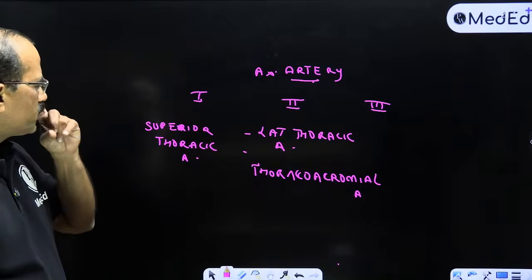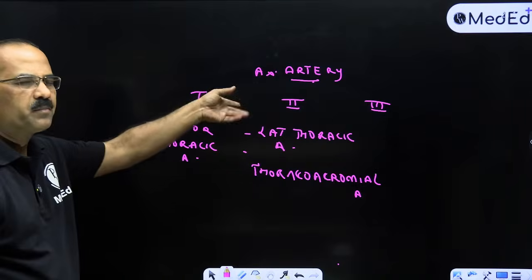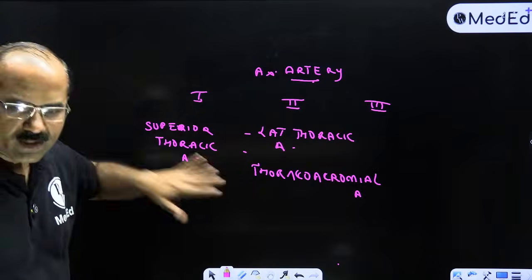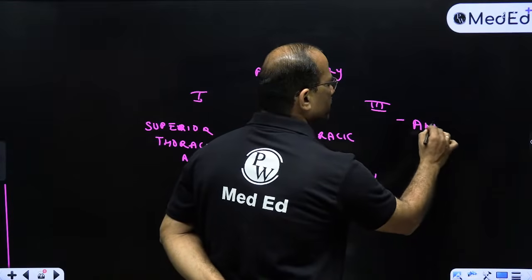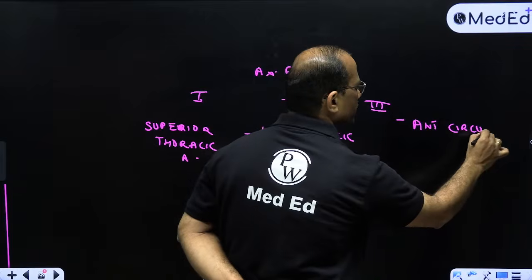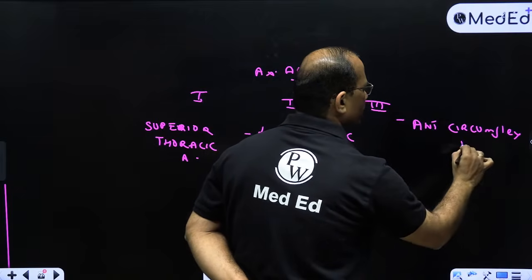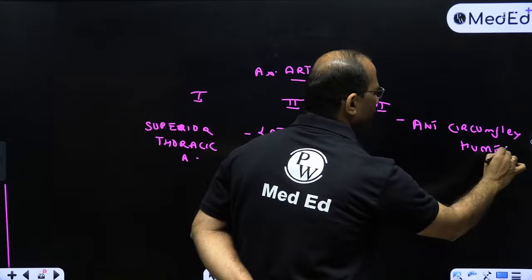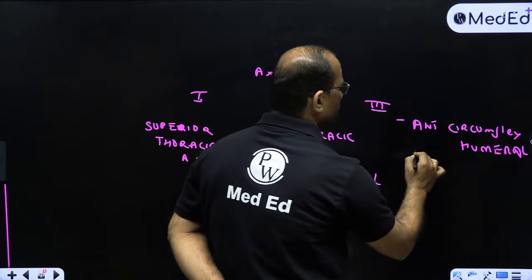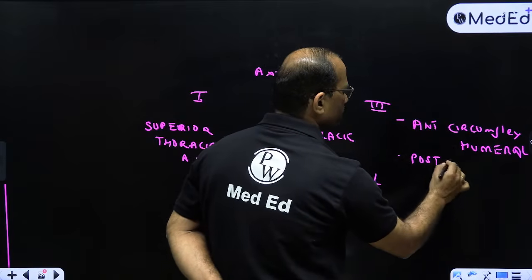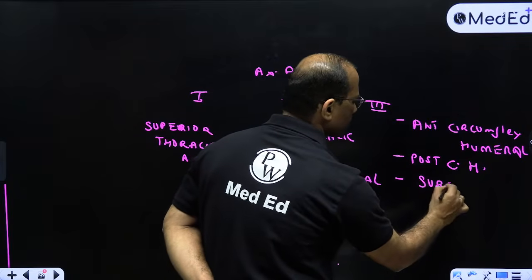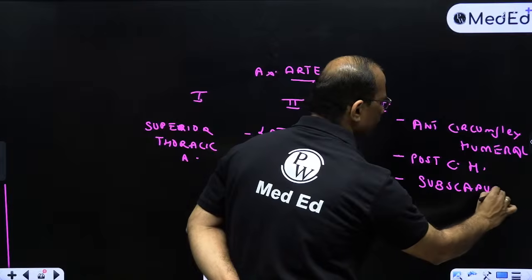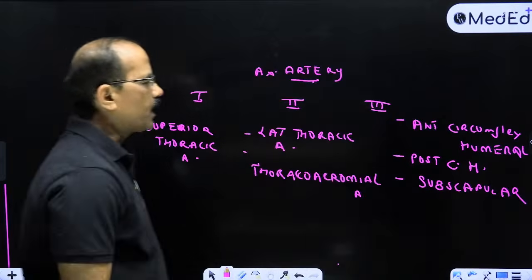So first part का branch is superior thoracic, second part के दो branches है lateral thoracic and thoracoacromial, third part के तीन branches है anterior circumflex humeral, second posterior circumflex humeral, and third is subscapular.